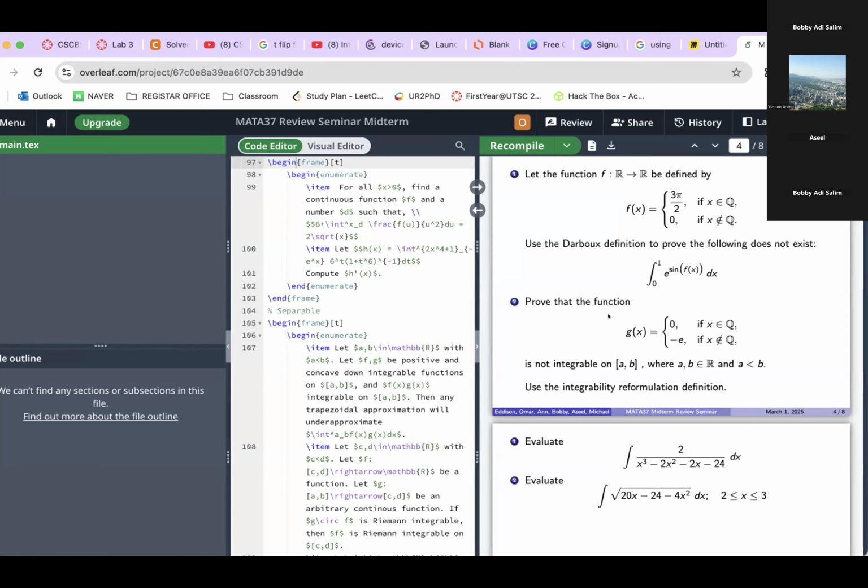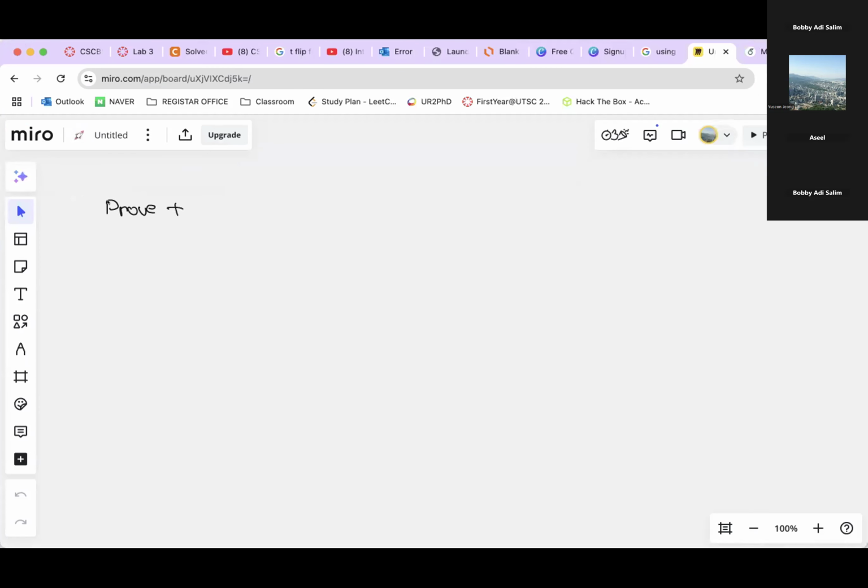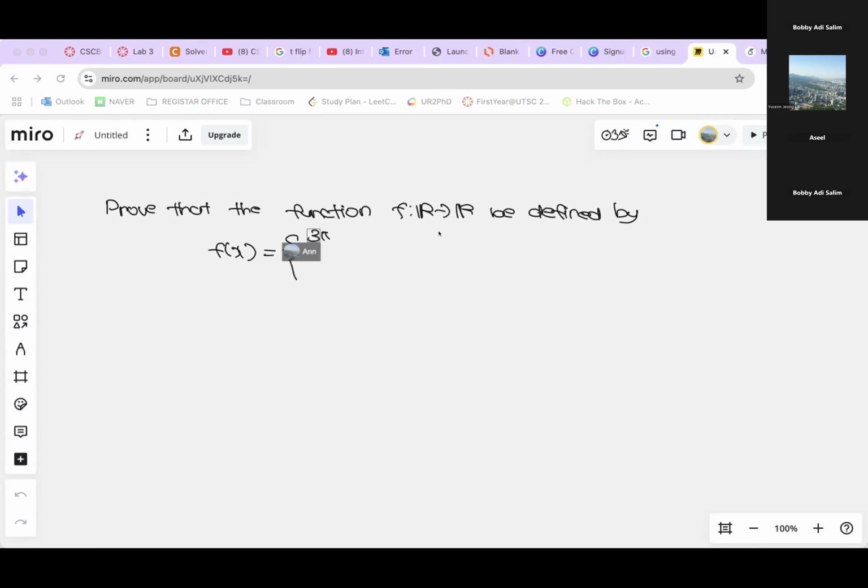Prove that the function f from the reals to the reals, defined by f of x equals 3 pi over 2 if x is an element of the rationals and 0 if x is an element of the irrationals.